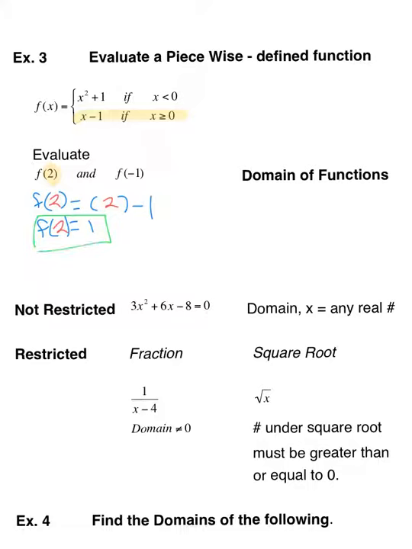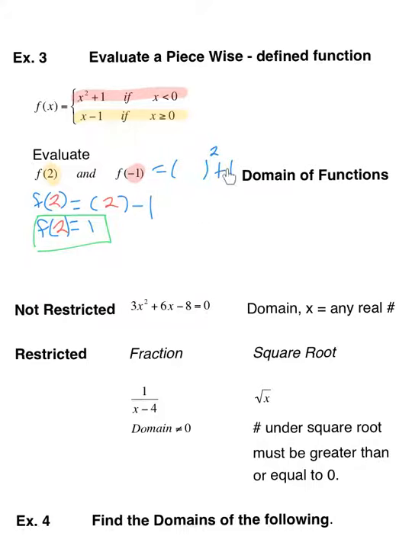Now, when I do f of -1, I'm going to highlight that in pink. -1 is less than or equal to 0, so we're using this part of the function. So f of -1: wherever there's an x, I'm putting big substitution parentheses, plus 1, because I have x squared plus 1.